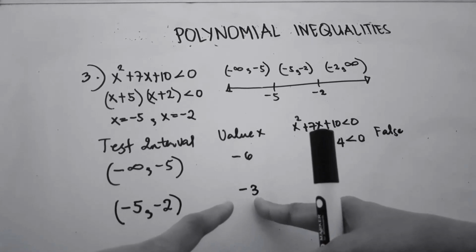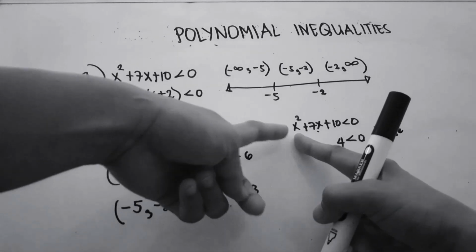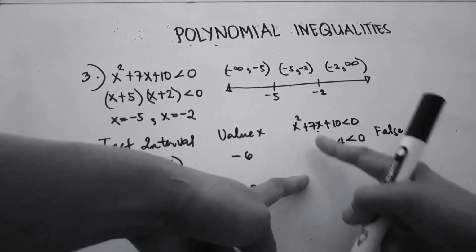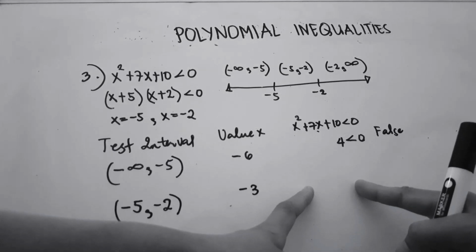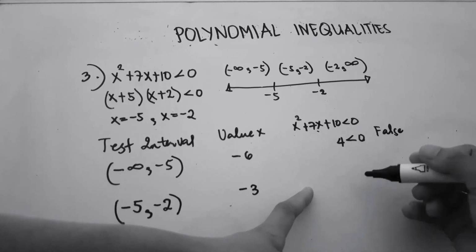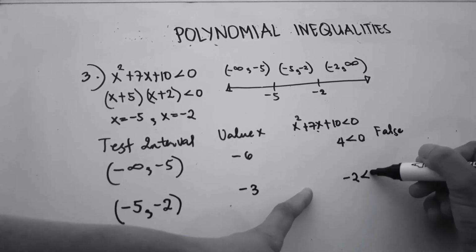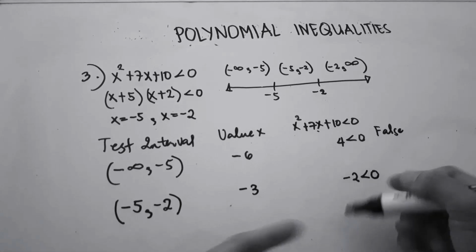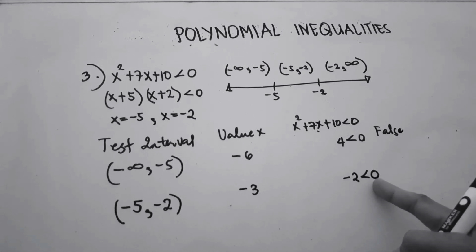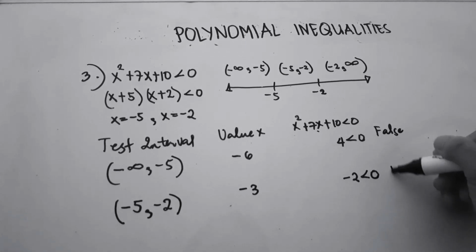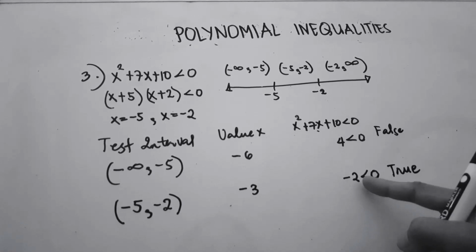If we substitute the value of x as negative 3, negative 3 squared is positive 9, plus 7 times negative 3 is negative 21, plus 10, so 9 plus 10 minus 21 is negative 2. And the question here is negative 2 is less than 0, which is a true statement, because negative 2 is less than 0.